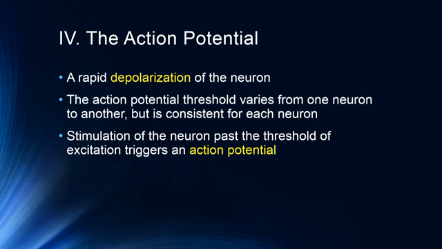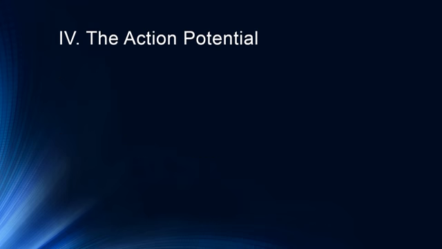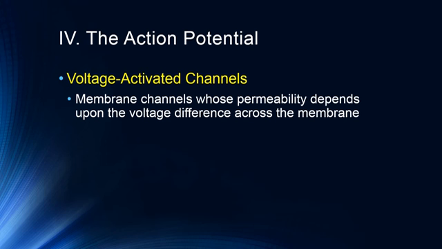So what happens when a cell is depolarized is, if it is depolarized sufficiently, the voltage-gated ion channels will open. These are membrane channels whose permeability depends upon the voltage difference across the membrane. And so as long as it's -70 or higher, that is, it's much more hyperpolarized, these voltage-activated channels will not open.